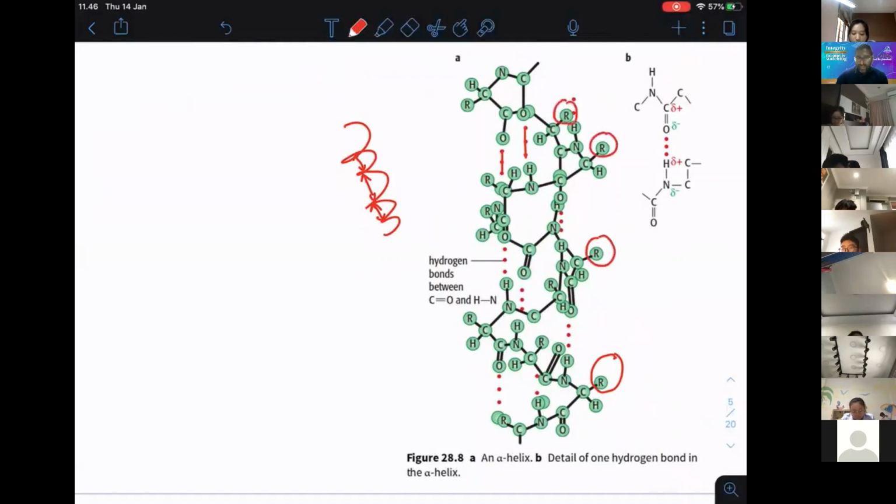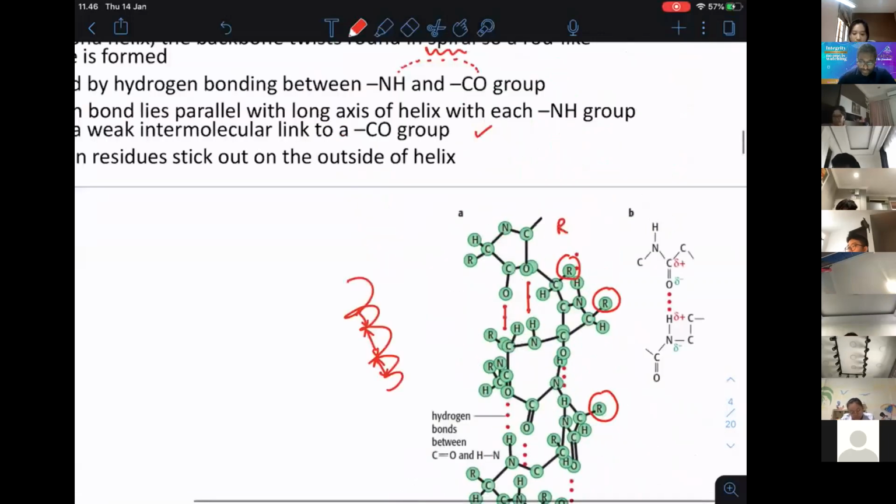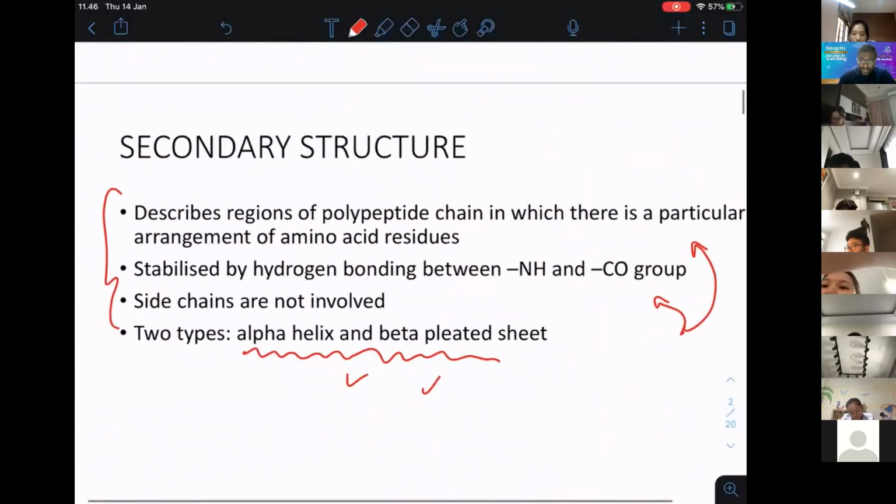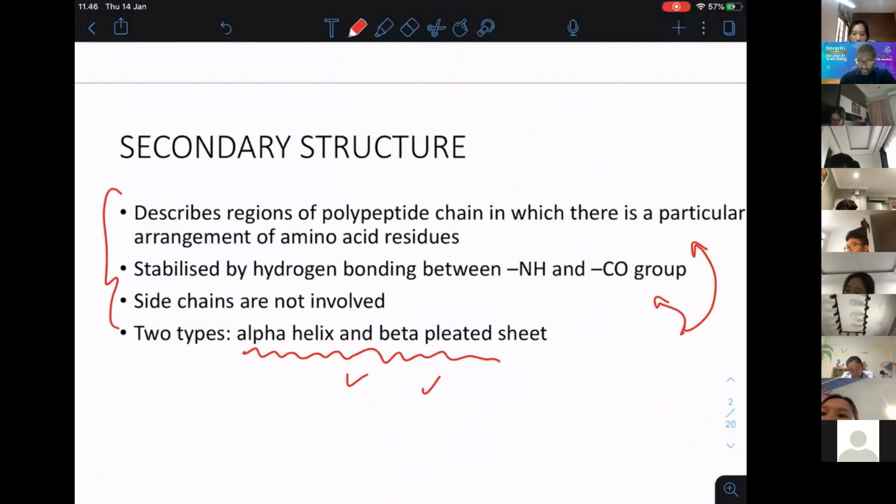They are sticking out, and the R group does not get involved in the hydrogen bonding. If you refer back to what I told you earlier, it is stabilized by the hydrogen bonding between this group. Side chains are not involved when it comes to hydrogen bonding.